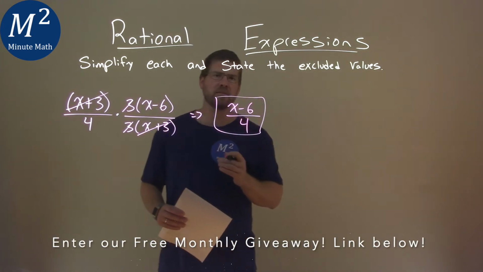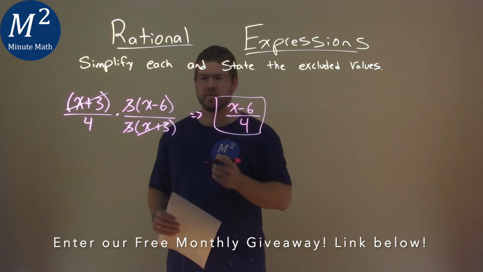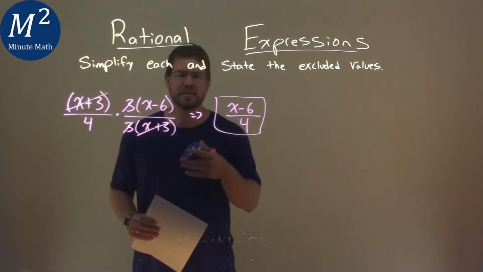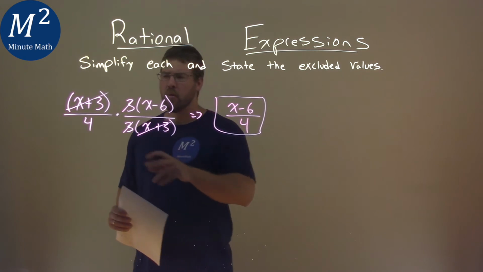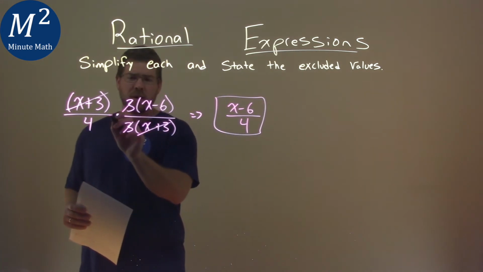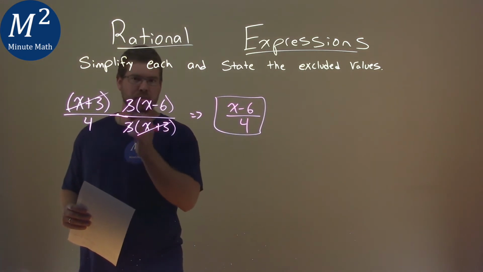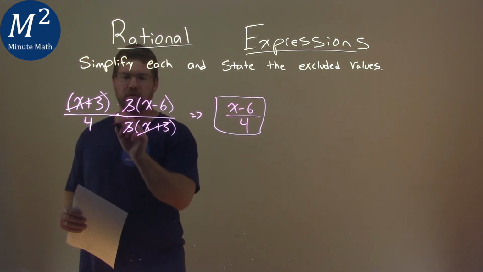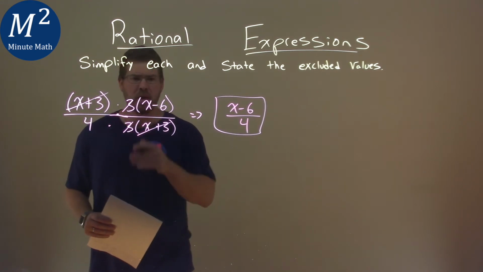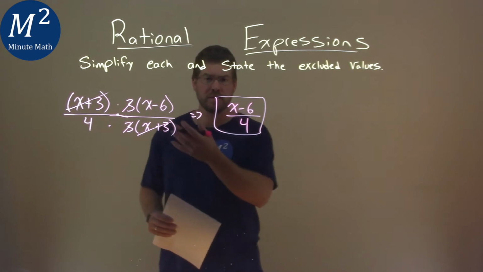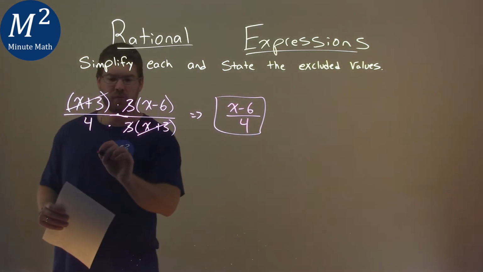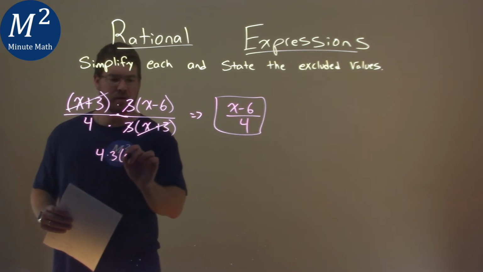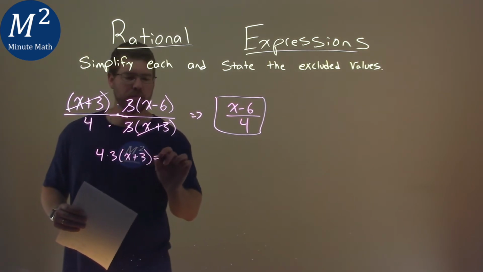But they still asked us to find the excluded values. And with rational expressions, that's when our denominator is equal to 0. Well, we can see this as one big expression with multiplication here and another multiplication there. And we're going to set our denominator equal to 0. That's 4 times 3 times (x plus 3) equals 0.